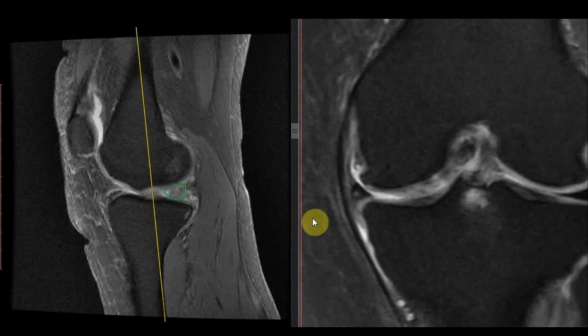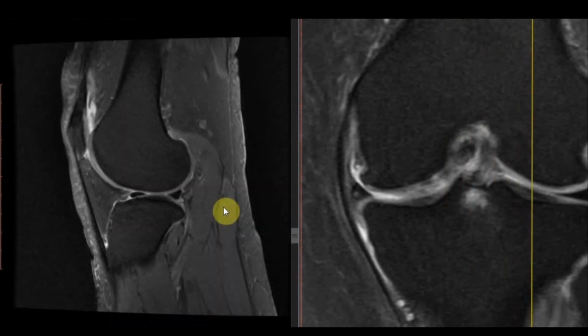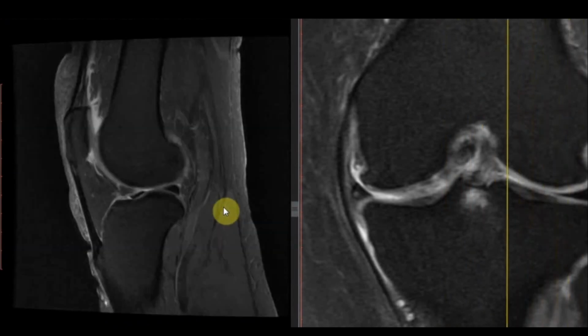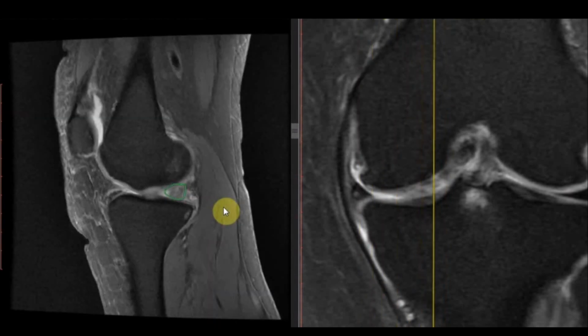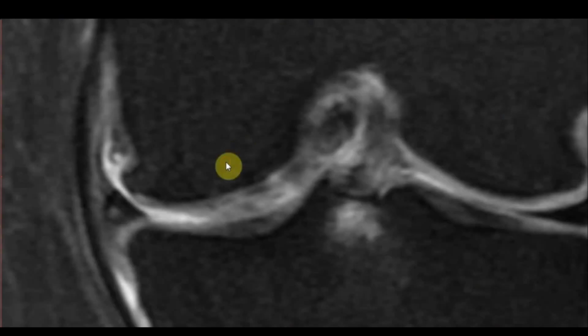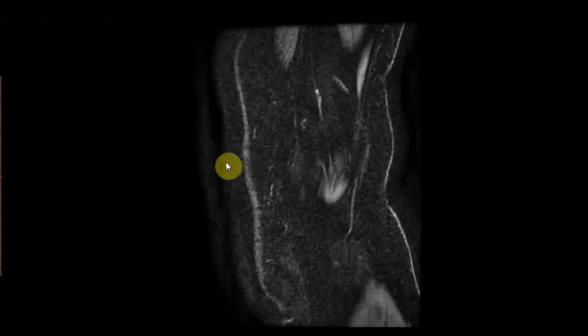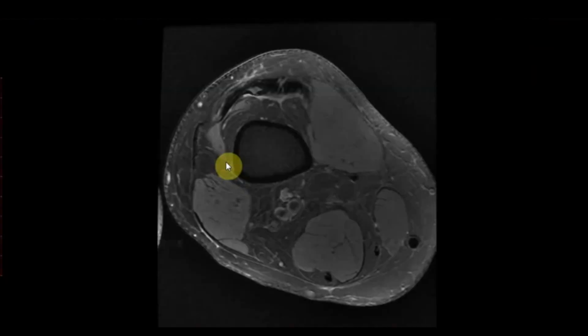So there is sprain in the medial collateral ligament also seen. Okay, so this was a case of degenerative joint disease with root tear and meniscal extrusion. Let's move to next case.